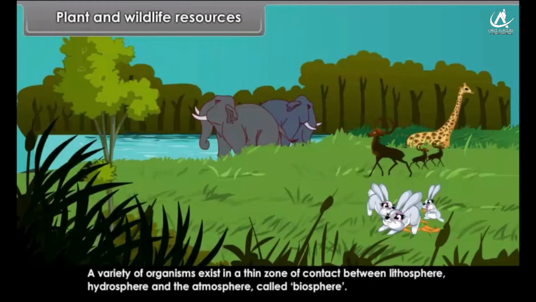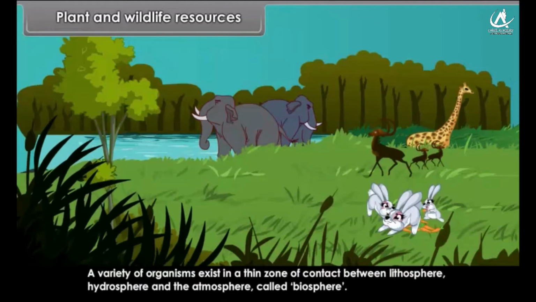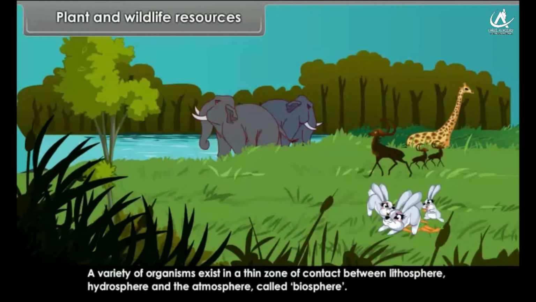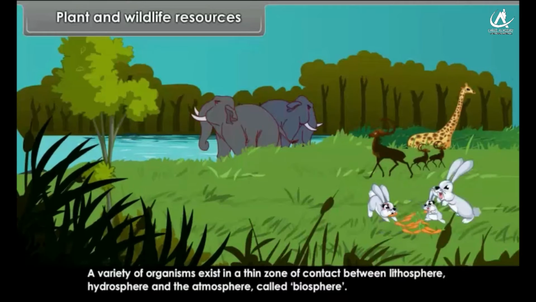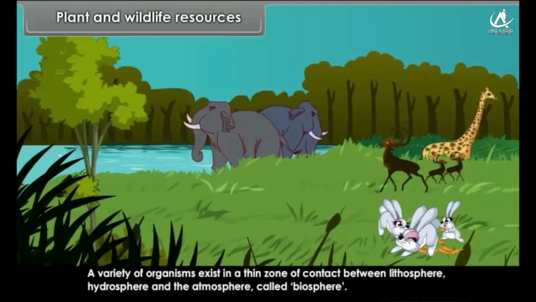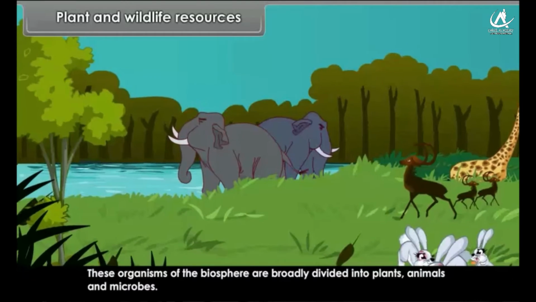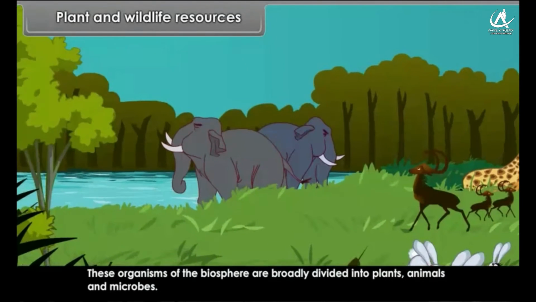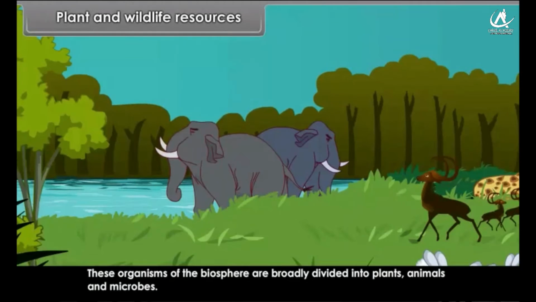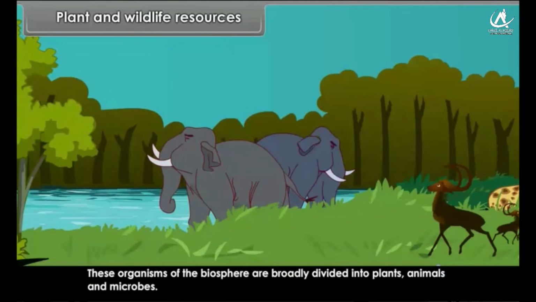A variety of organisms exist in a thin zone of contact between lithosphere, hydrosphere and the atmosphere, called biosphere. These organisms of the biosphere are broadly divided into plants, animals and microbes.